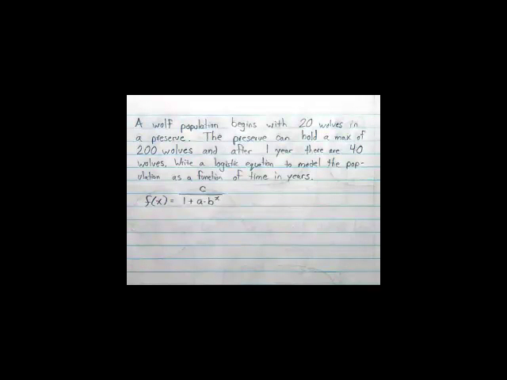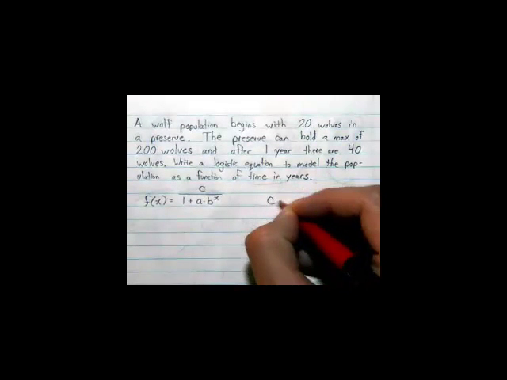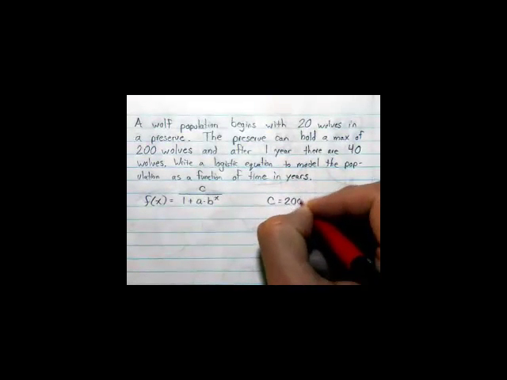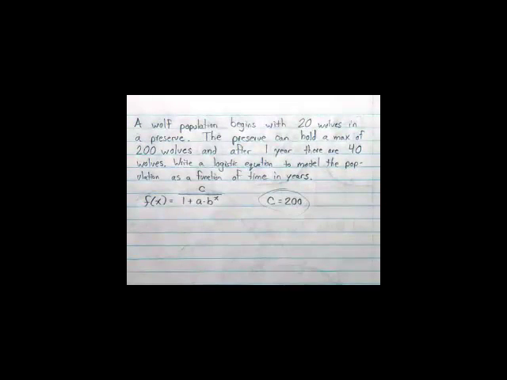All right, so take a look at that paragraph of information there. I already know one of my A, B, or C's. Which one do I know and how much is it? C is how much? Right. It's a good place to start. We know C is 200.